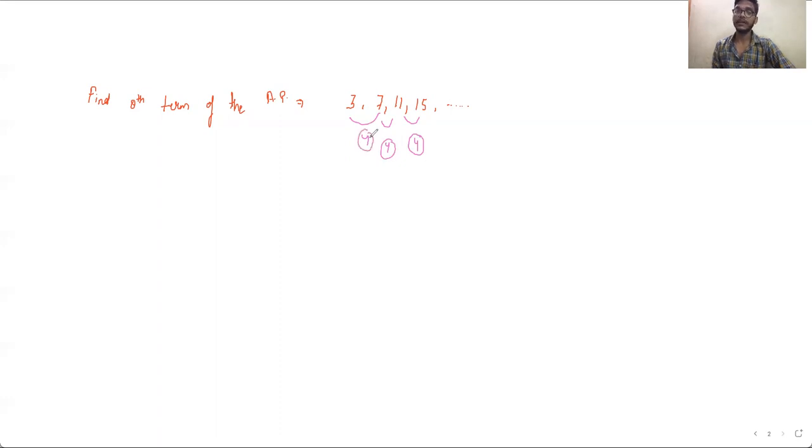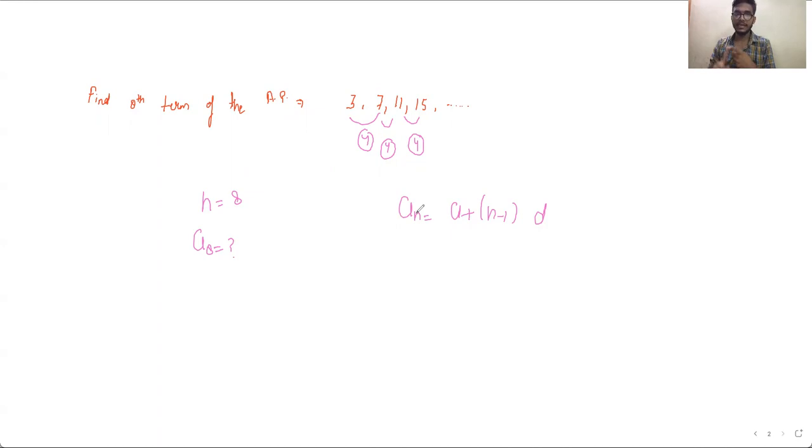Now what do we have to find? We have to find the eighth term, that is n equals 8, so we have to find a8. How do we find that? We have the formula an equals a plus n minus 1 into d, in which four terms are given: an, a, n and d.